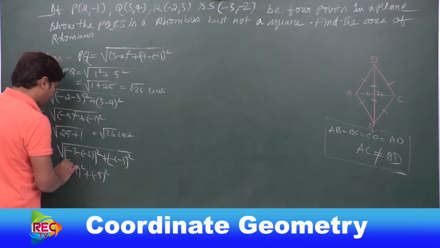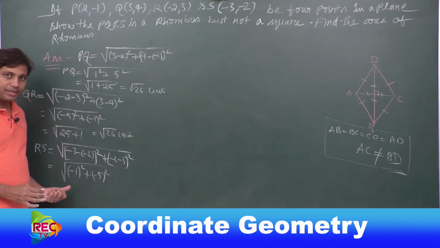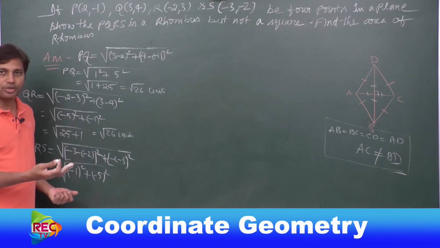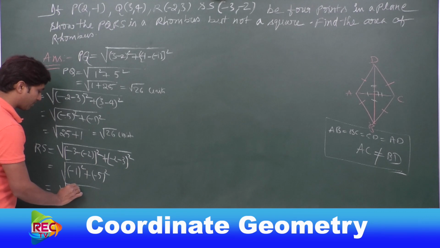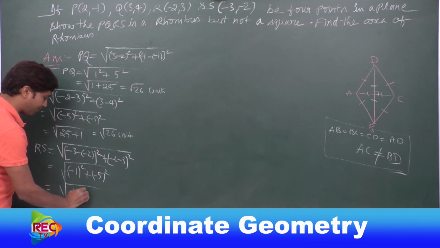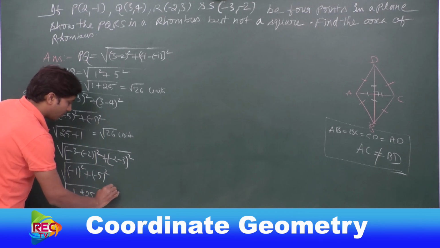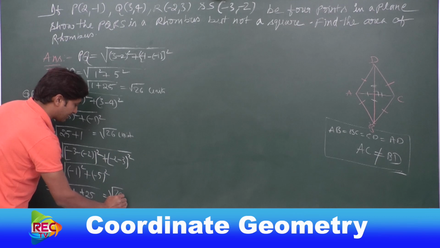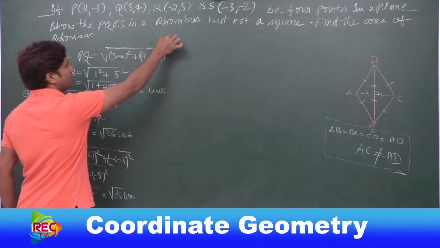As I said before, if the power is an even number, even for negative bases we get a positive result. Here minus 1 square would be 1 itself, and minus 5 square is also 25. What is the value? Root 26 units.